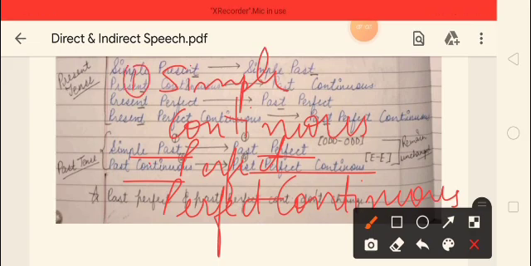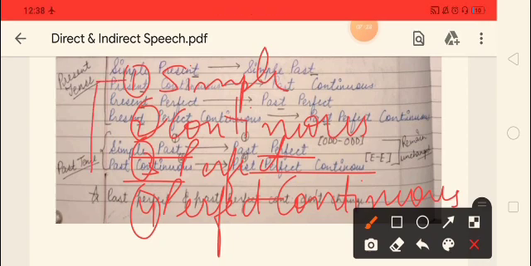So this is your number 1, this is number 2, this is number 3, and this is number 4. Just learn it in this form कि पहले आता है simple, then आता है continuous, then perfect continuous. So in the case of past tense only, remember, note point, 1 gets changed to third, and 2 gets transformed to fourth.